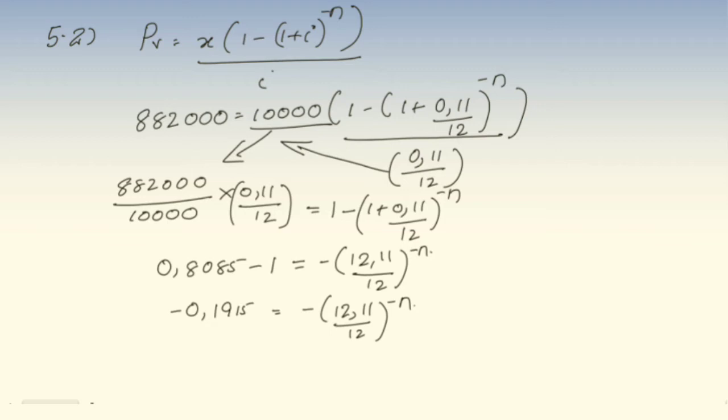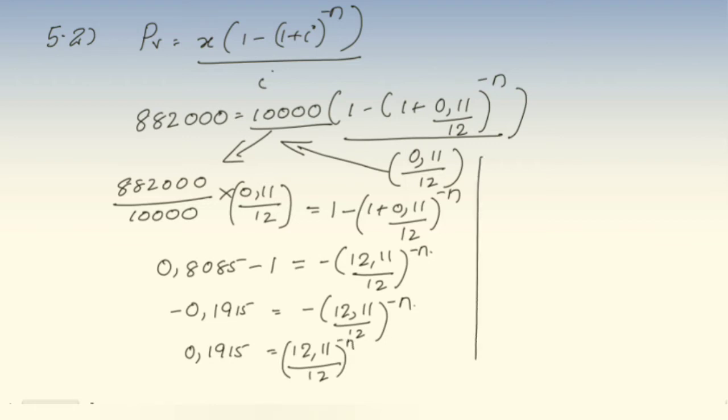Now we can see that both sides have a negative, so we can cancel it. Multiply or divide both sides by the negative, or change the sign on both sides. So you will get 0,1915 is equal to (1 plus 0,11 divided by 12) to the power minus n.